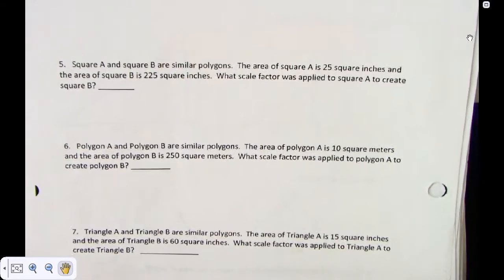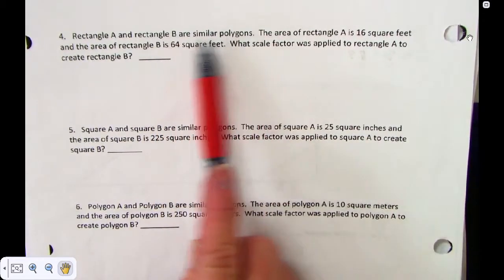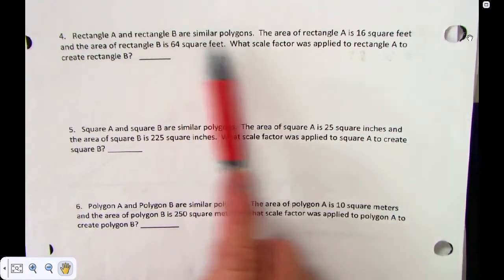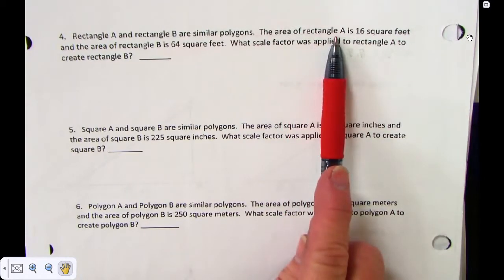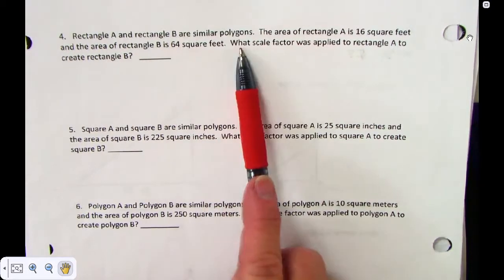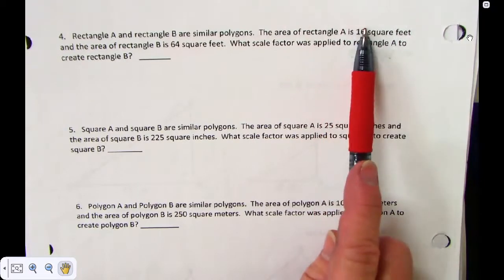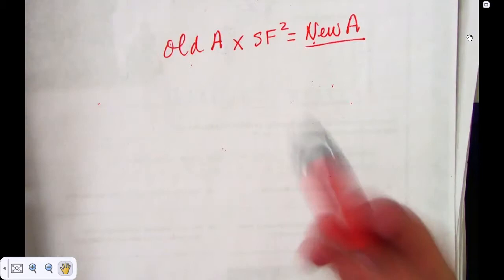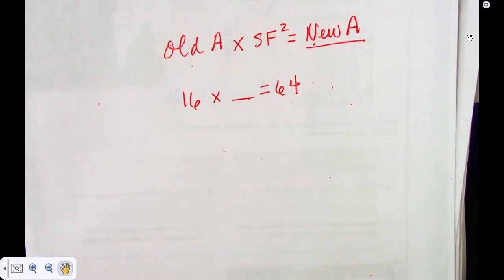Okay. And then on the back, you're going to read, they give you 2 rectangles that are similar. That means there's a scale factor. So the area of rectangle A is 16. The area of rectangle B is 64. What scale factor was applied? So you have to think, 16 times what gives you 64?